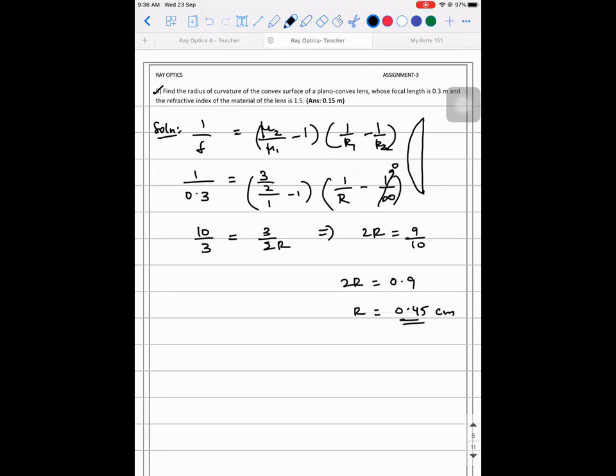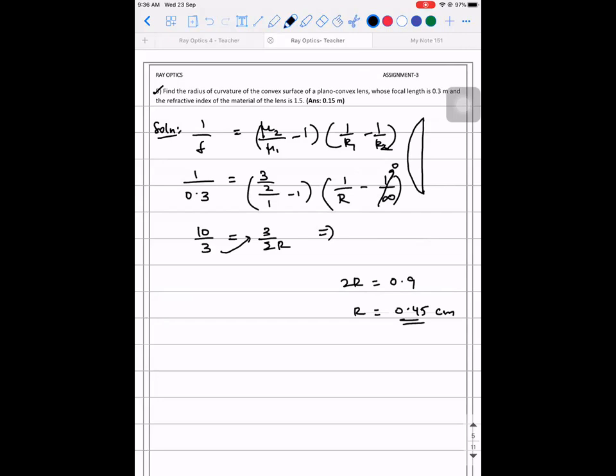Did I make any mistake? Sir, 3 by 10. No, this will go to the other side. 3 and 3 will get multiplied, no?